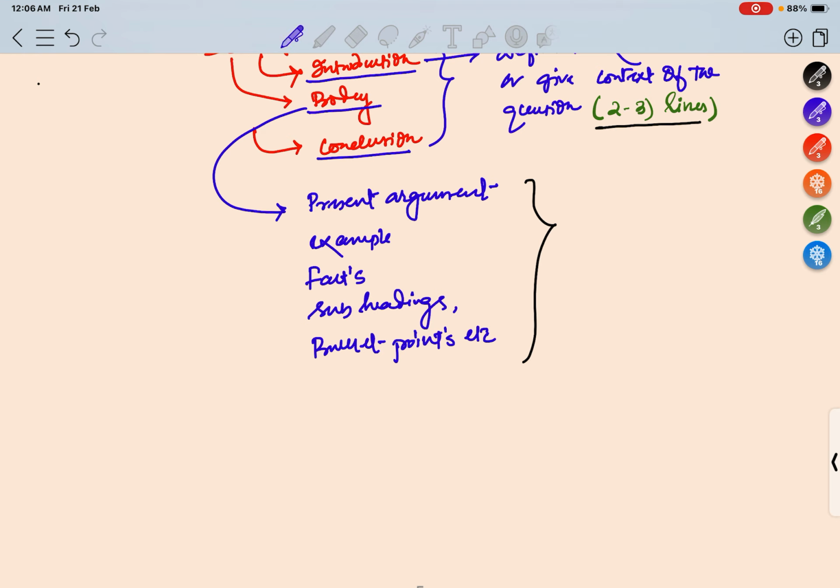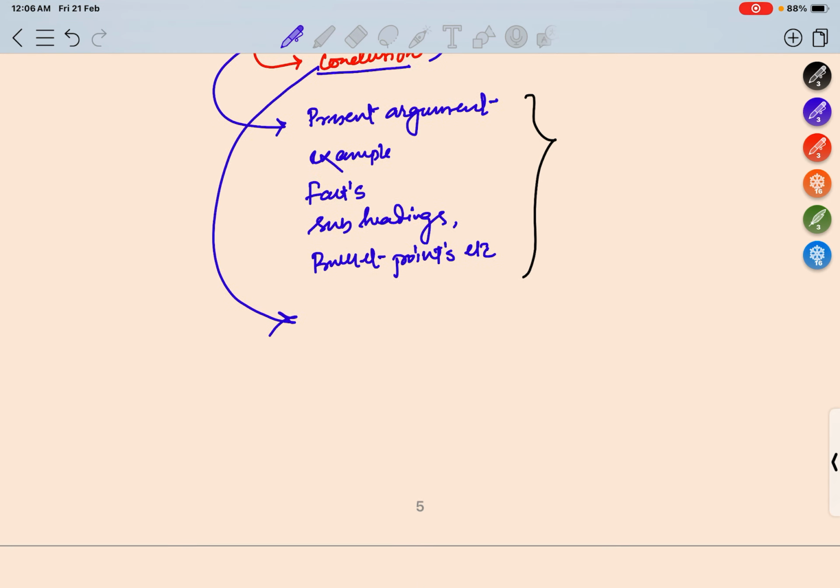Now the last one is the conclusion. In the conclusion part, you should basically end the answer in a balanced way.